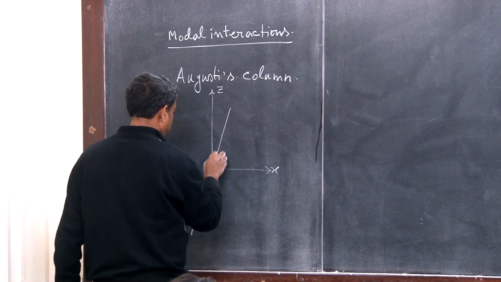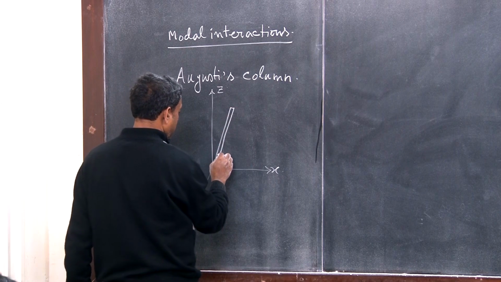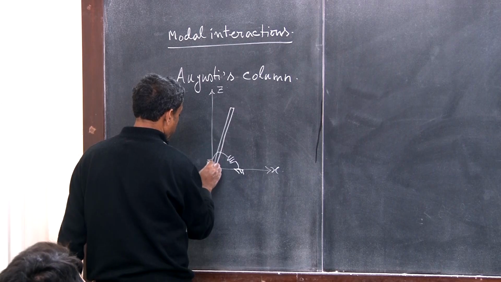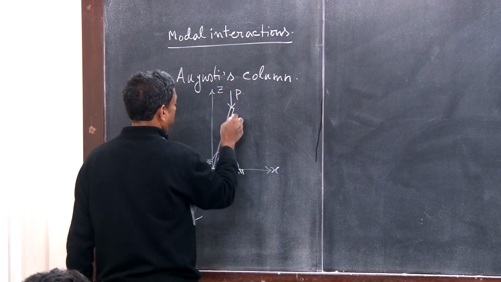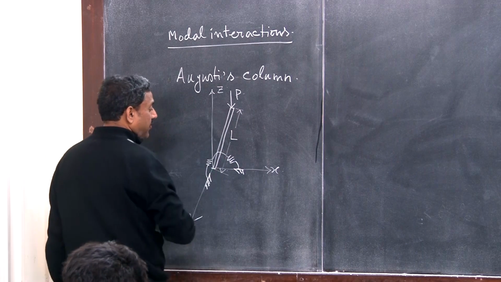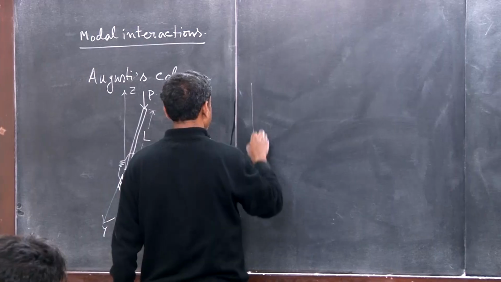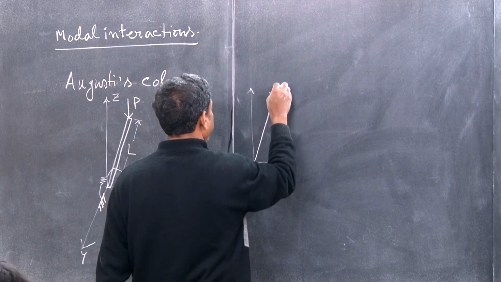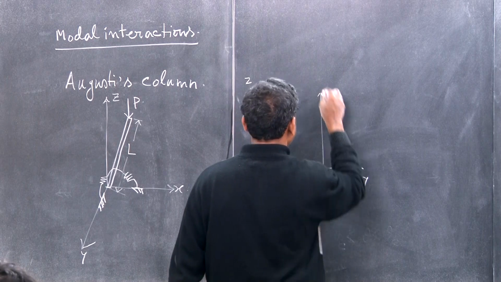There is a system, this is a rigid bar, and this rigid bar is connected to the system with a spring, and this is P, and this is length L. If we just project it, this is P, this is x, and this is z, this is y, and this is z.